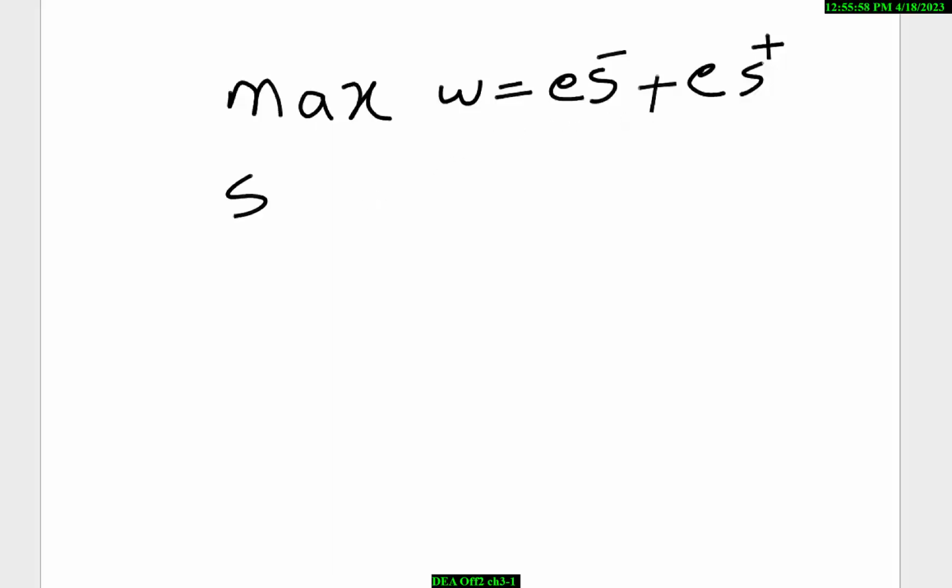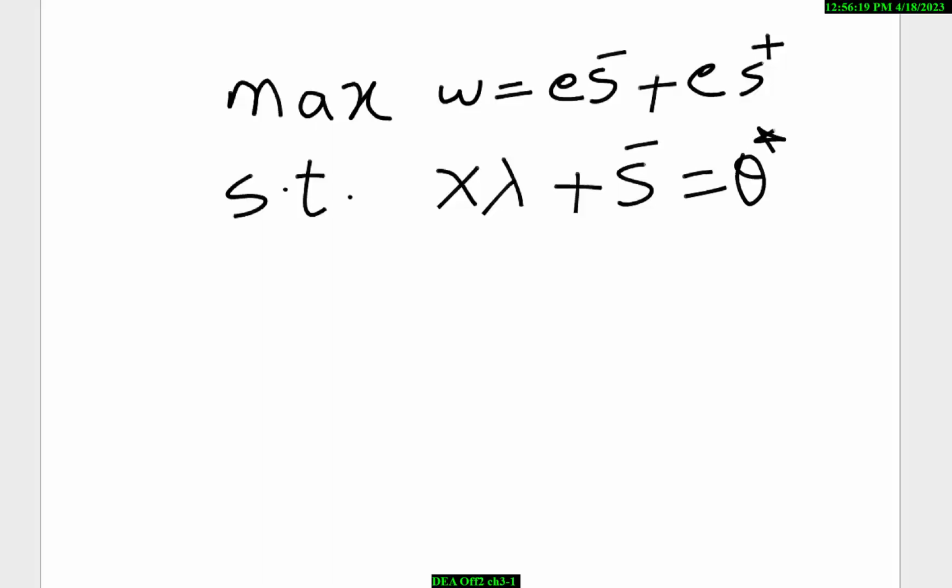We have the same constraints, but we only should put the optimal solution of the first phase instead of theta, because we are searching in the optimal solutions.